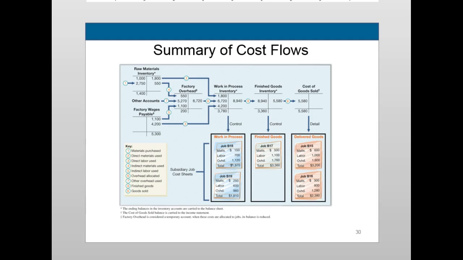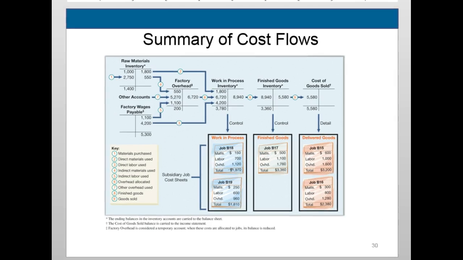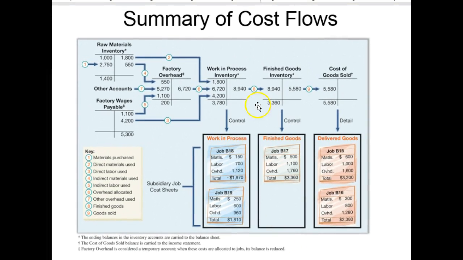So here's a summary of costs as we go through this. This is a good picture showing the T accounts and how it works. So you have raw materials. Here's a raw materials inventory. Here's your factory wages payable. So what we're looking at is raw materials. We're looking at overhead and our indirect cost, and we're looking at direct labor costs or labor costs.